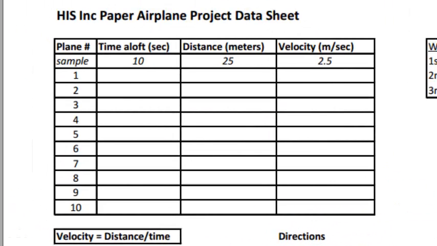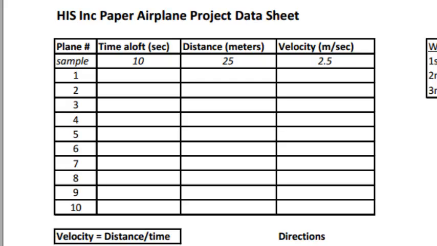So after you've done that, you're going to pick the plane that you've numbered 1, and you're going to throw it, and you're going to record the time that it's in the air. So you could either count in your head or out loud, or if you have a stopwatch, even if you wanted to be really exact, you could do that.